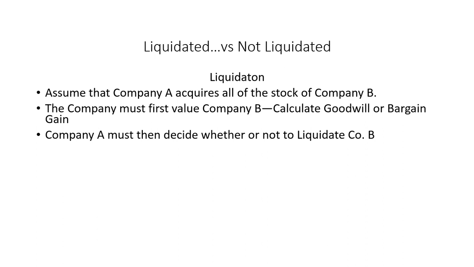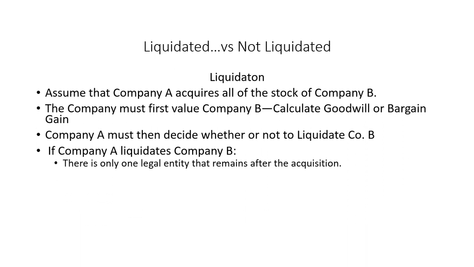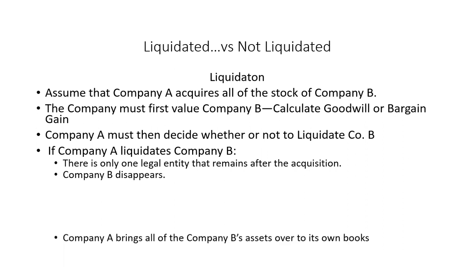Okay, so once you've done a valuation of the company and determined whether you have goodwill or a bargain gain, Company A, the acquiring firm, must then decide whether or not to liquidate Company B. If Company A liquidates Company B, and we're assuming liquidation in this discussion, there's only one legal entity that remains after the acquisition. Company A basically absorbs, swallows Company B, and Company B disappears.